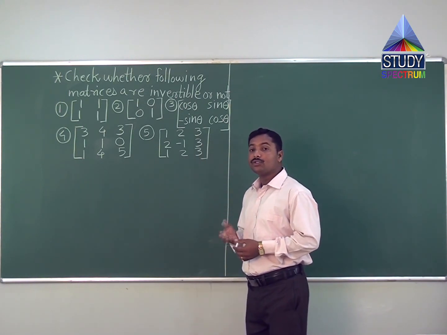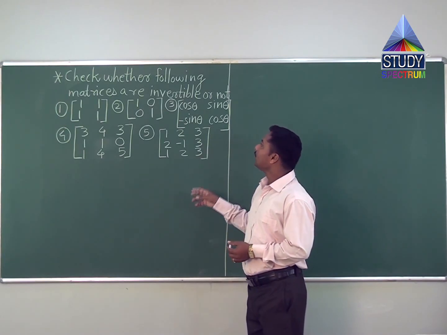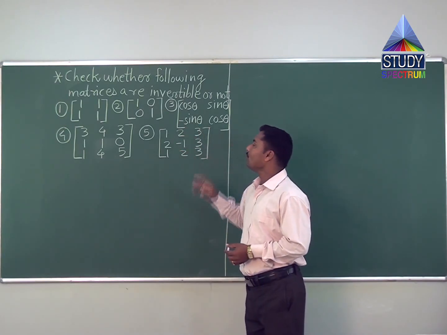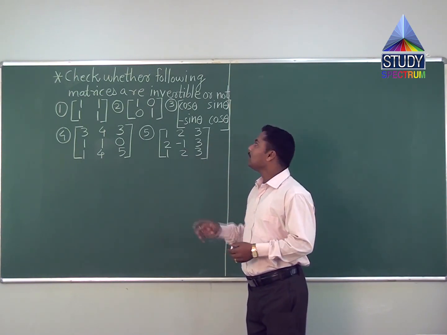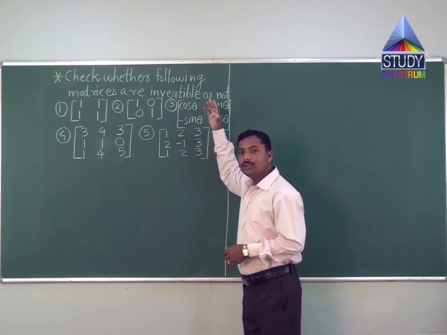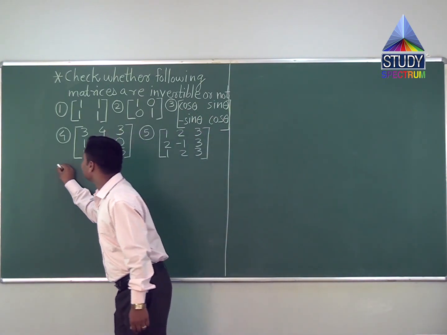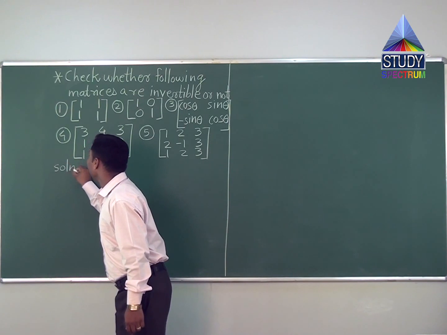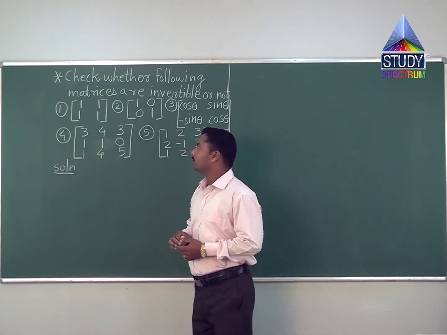If the determinant is non-zero, then the matrix has an inverse. Or if a matrix has a non-zero determinant, then that matrix is called an invertible matrix. So by using this definition, we solve all these 5 problems.